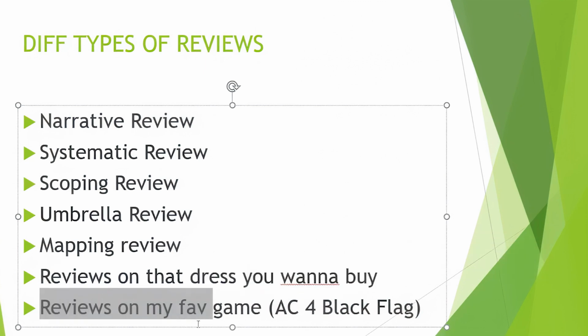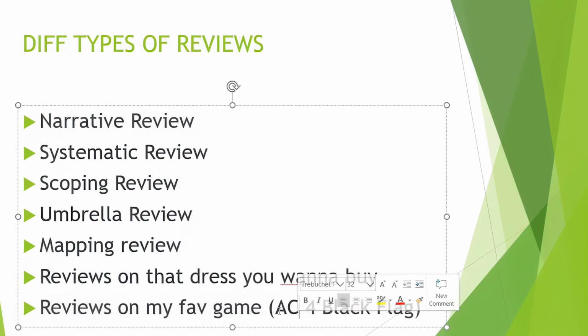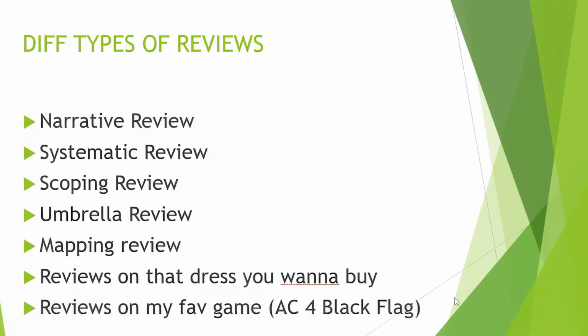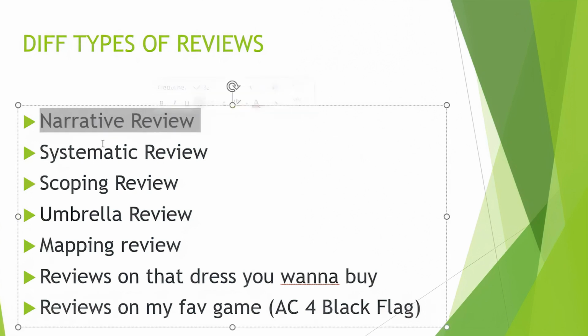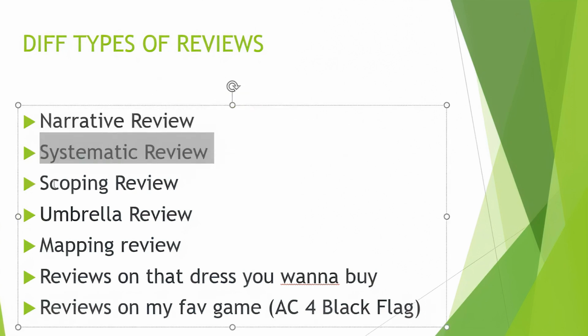Or you have reviews on your favorite game, such as mine is Black Flag. So reviews basically means revisiting the things which have already been published online. Of all these types, there is a narrative review, the systematic review, the scoping, umbrella, mapping reviews, etc. But the most important one is the systematic review.